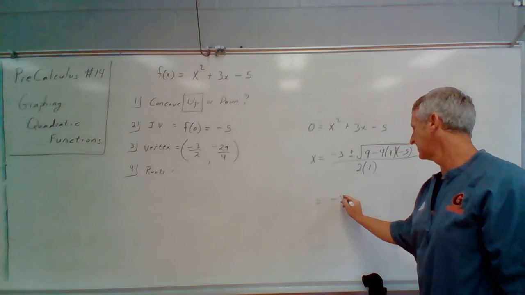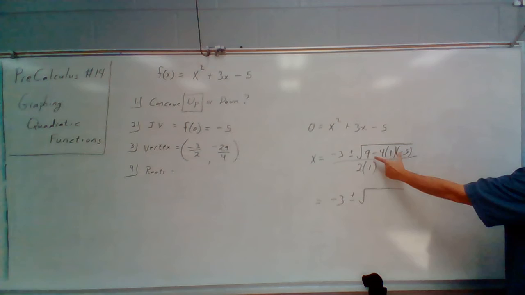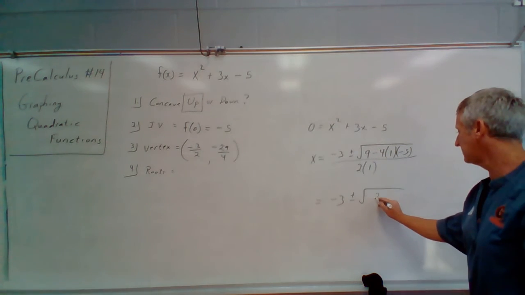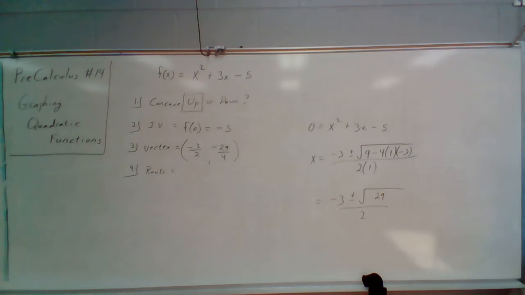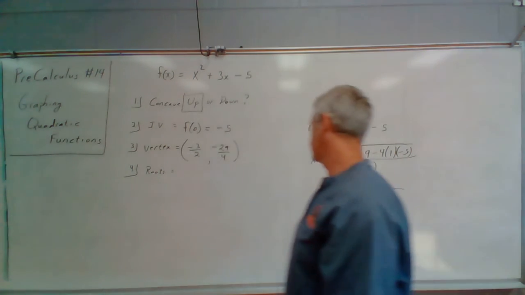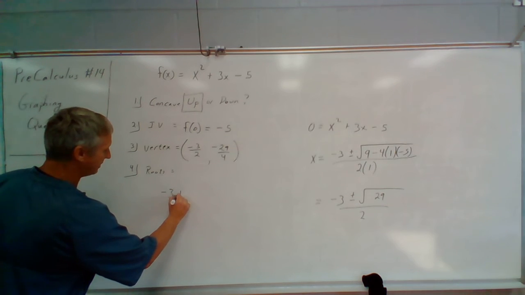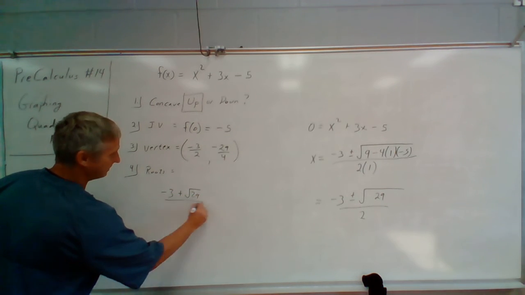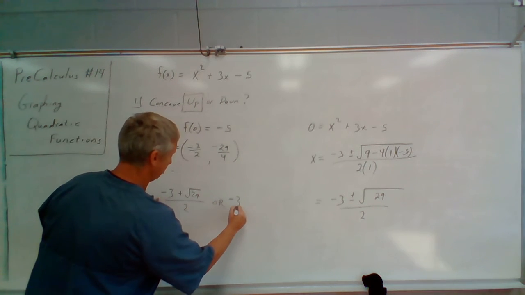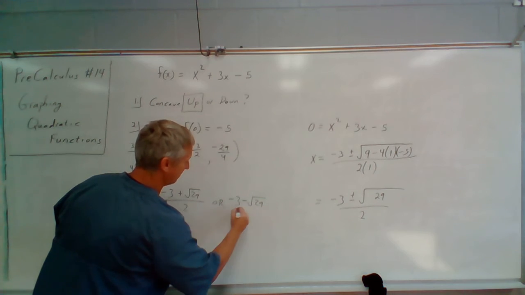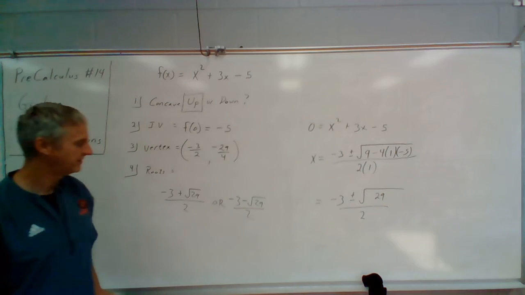Simplify that. We have negative 3 plus or minus the square root of 9 plus 20, or 29, all over 2. So my roots would be negative 3 plus the square root of 29 over 2, or negative 3 minus the square root of 29 over 2. Or you could just write it like this, that would be fine.